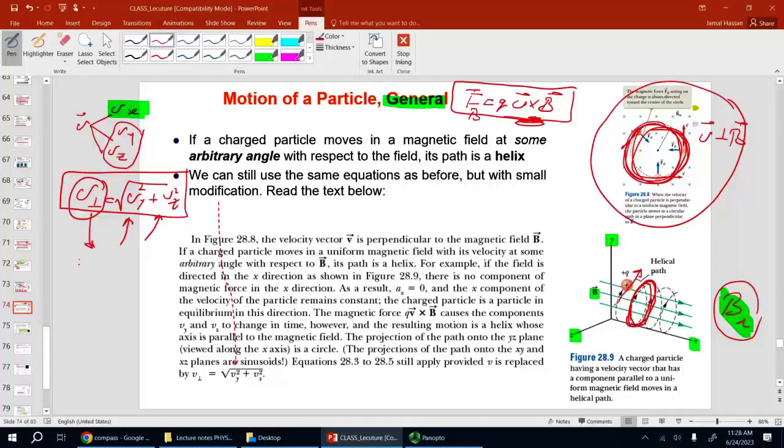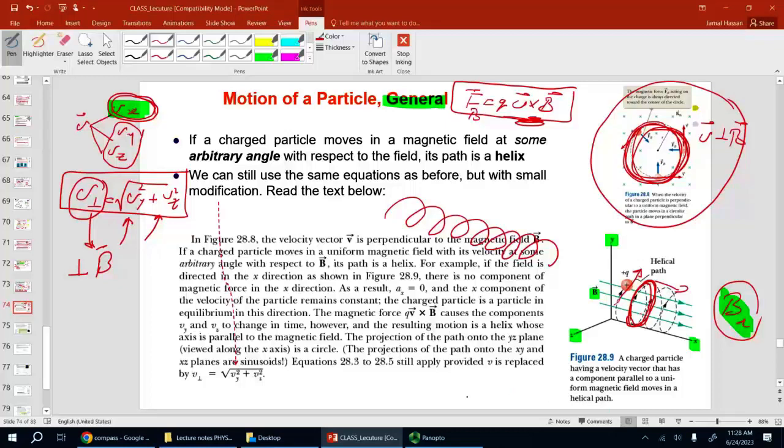But we have another component which is not perpendicular. That component will simply drag the particle along the x-axis. That's why it's a spiral moving toward x. It's moving around the circle, but like in a spring. It's a spiral motion.